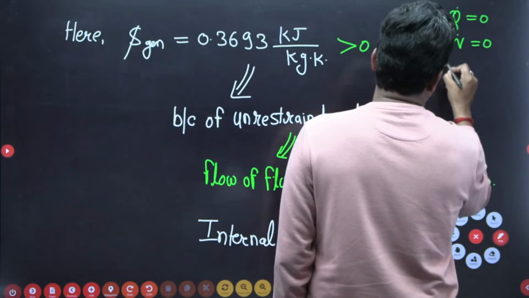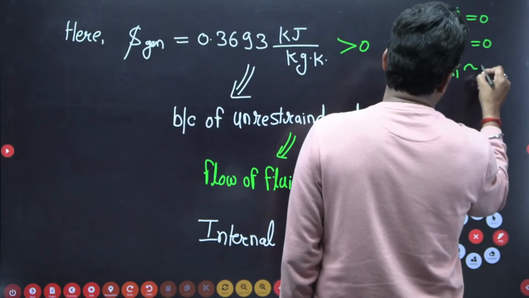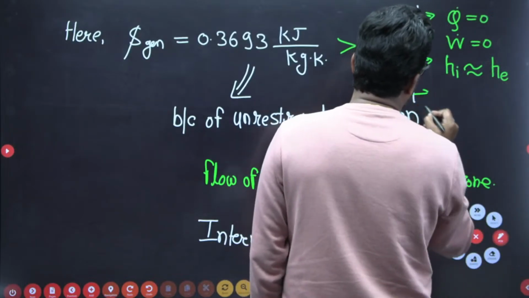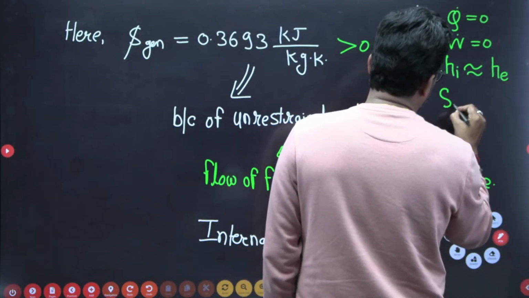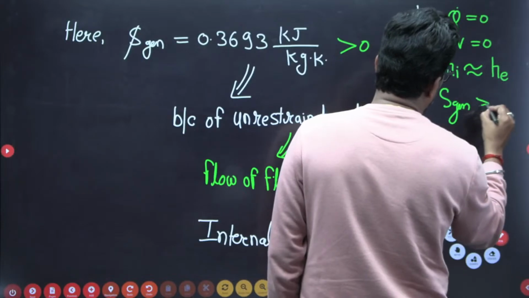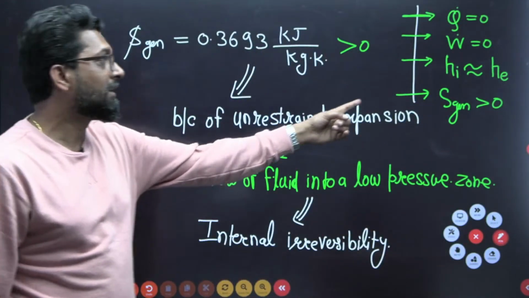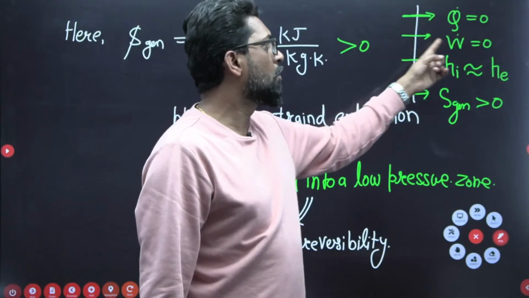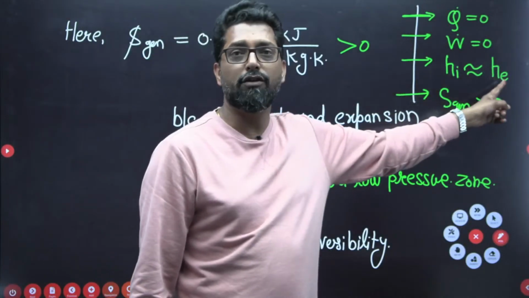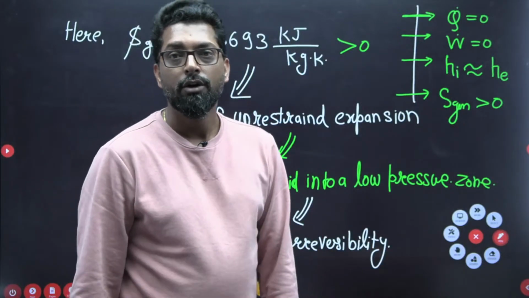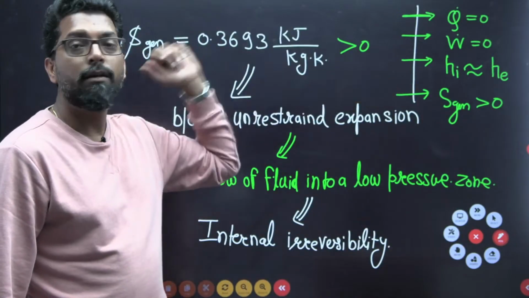During throttling, enthalpy at inlet is approximately equal to enthalpy at exit. During throttling, entropy generation must be greater than 0. Always keep this in mind: no heat transfer, no work transfer, enthalpy inlet equals enthalpy exit, and S generation is greater than 0. That is called an irreversible process.